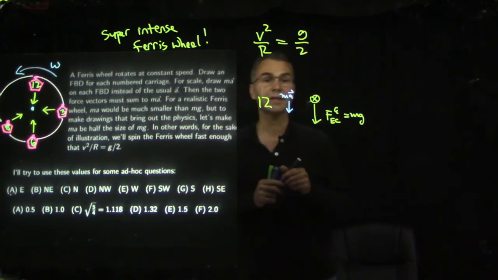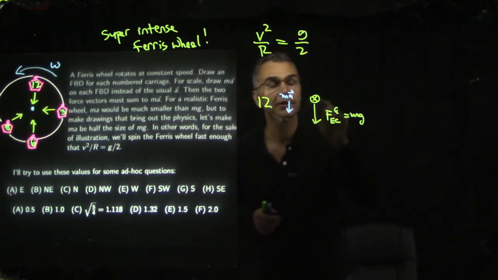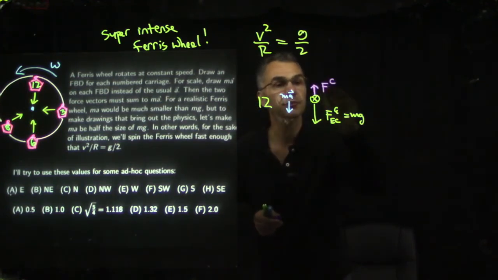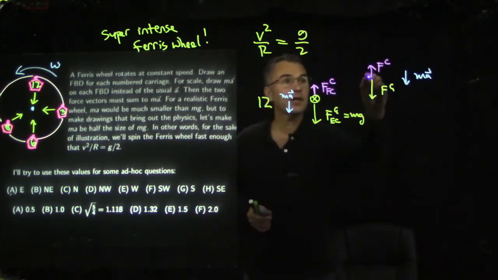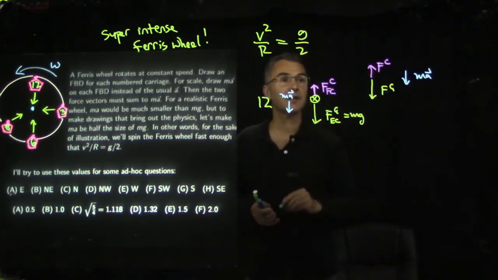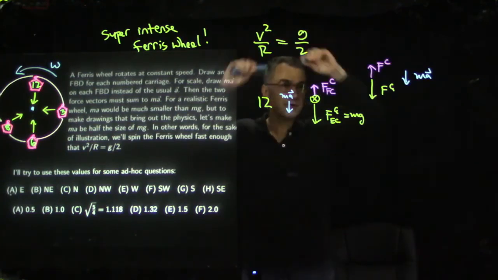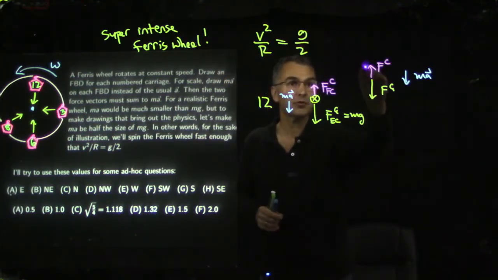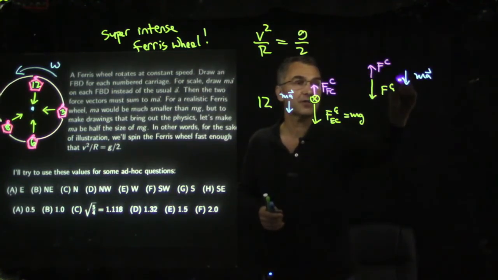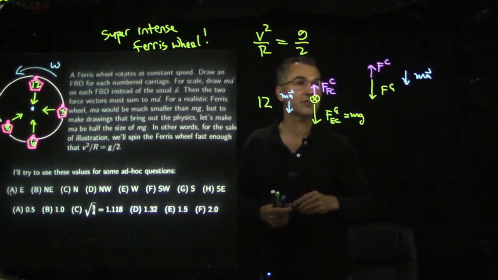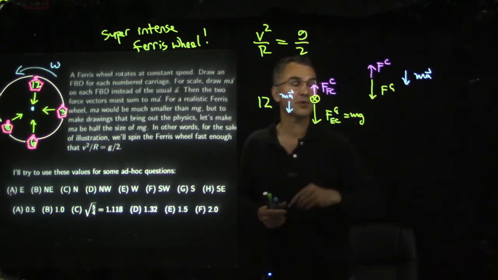So I think in order to make this work, I have to make the contact force between the frame and the carriage point that way. So the contact force exerted on the carriage by the Ferris wheel structure points upward, and the gravitational force by Earth on the carriage points downward, and the acceleration of the carriage points downward, and we said it had magnitude 1/2 g.